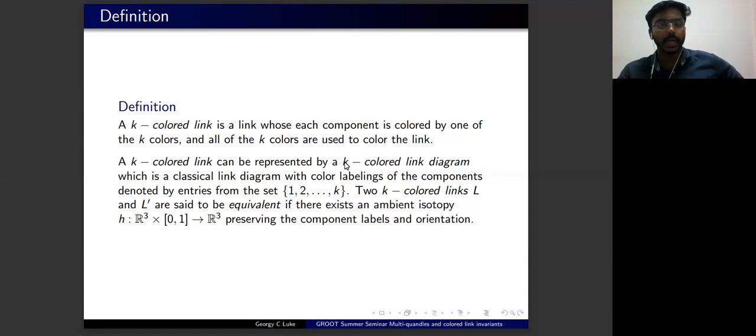Similar to the dichromatic link diagram, we have a k-colored link diagram, which is a classical link diagram with color labelings of the components denoted by entries from the set 1 up to k. Here also we say two k-colored links L and L dash are equivalent if there exists an ambient isotopy from R3 cross 0,1 to R3, which takes L to L prime with the condition that it also preserves the colorings of the components as well as the orientation.